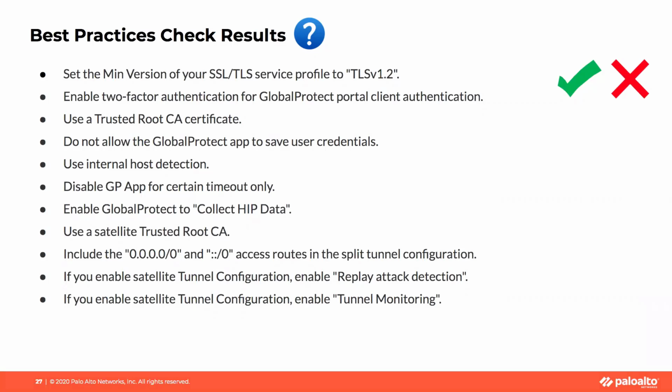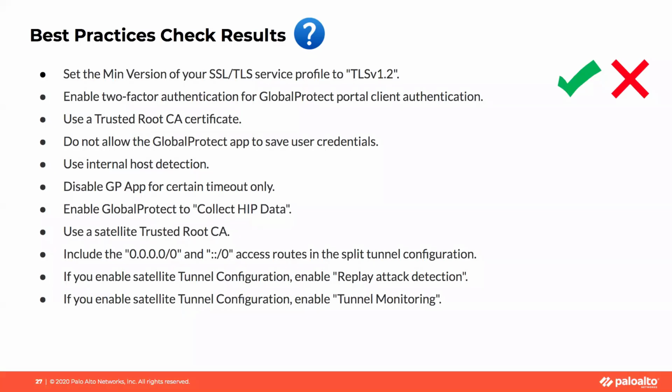Include the 0.0.0.0 access route for split tunnel configuration. This indicates you are including all destination subnets or address objects. And then the last two checks are based on satellite tunnel configuration: replay attack detection and tunnel monitoring.